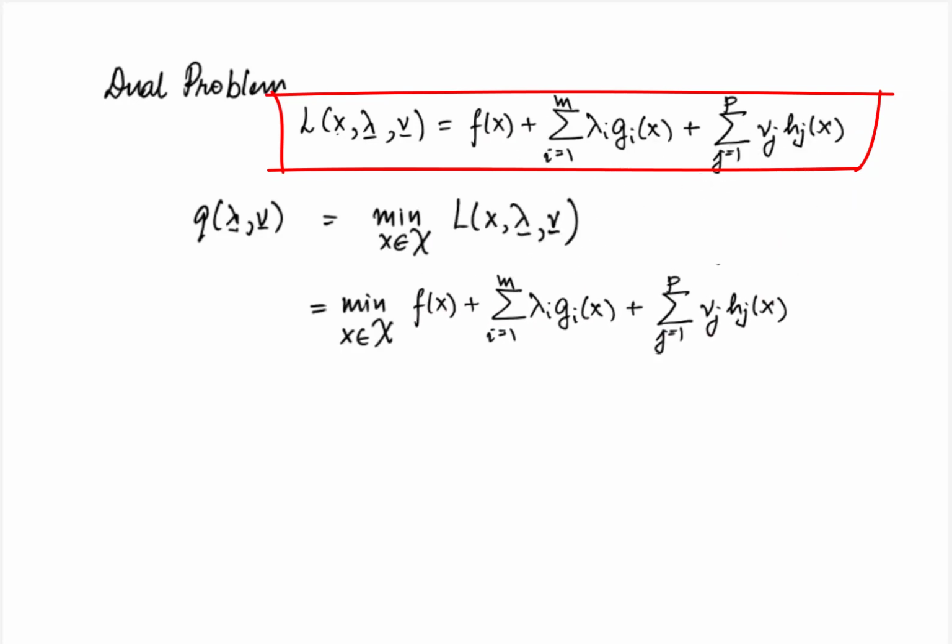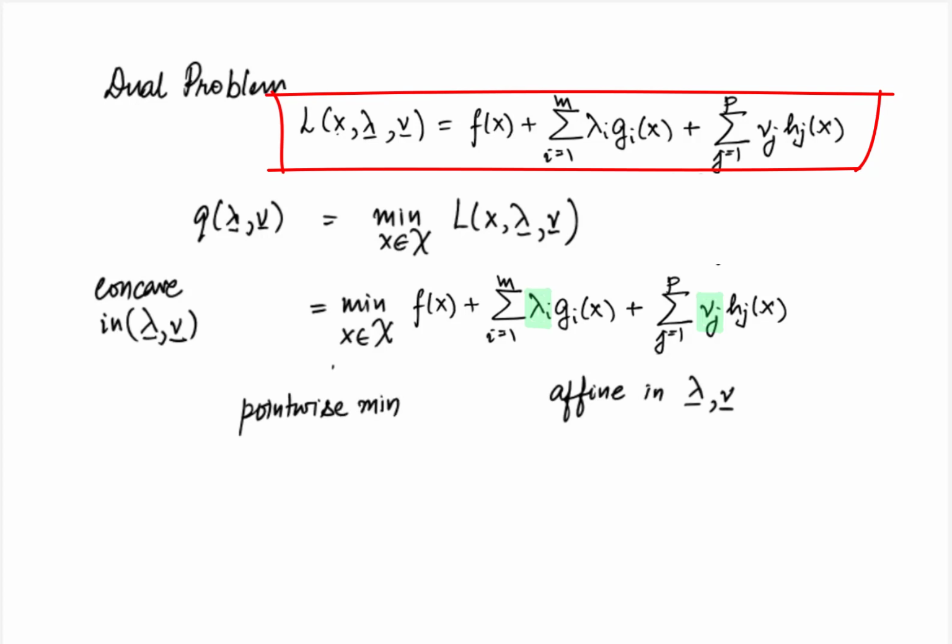A key property of the dual function is that it is concave. To see this, recall that we saw in the earlier video that the pointwise maximum of closed convex functions is also convex. The same result stated differently is that the pointwise minimum of closed concave functions is also concave. Here it is easy to see that the Lagrangian is an affine function of lambda and nu. Since the dual function is a pointwise minimum, it is therefore concave.